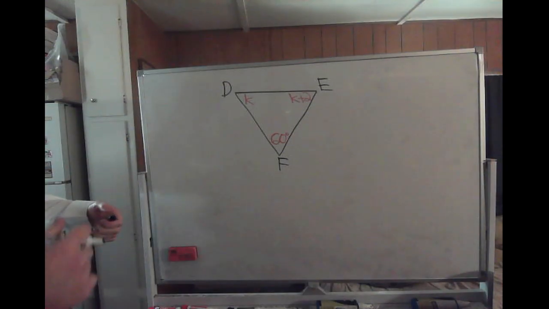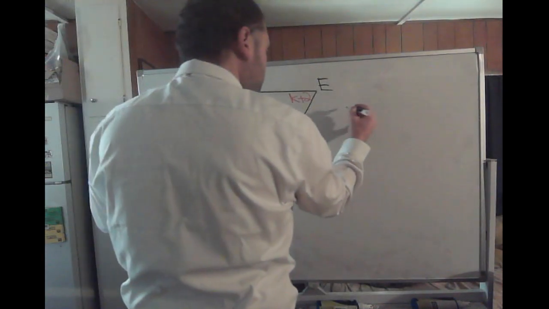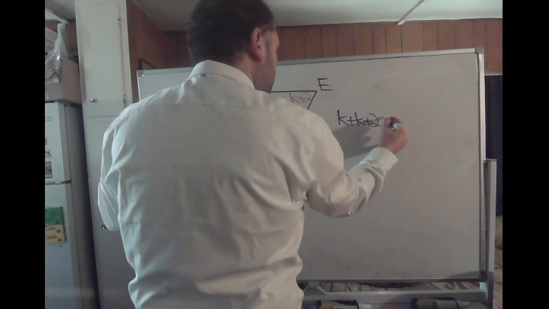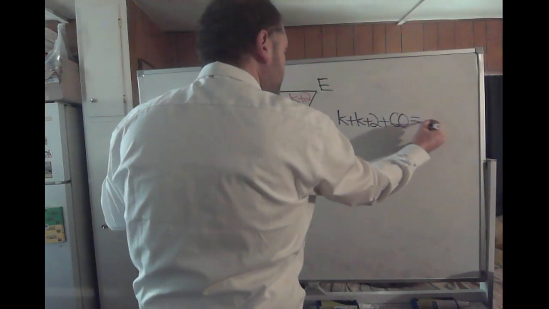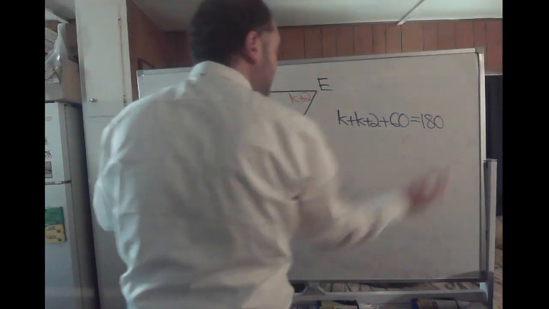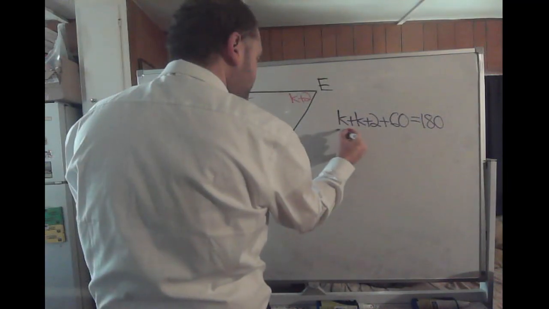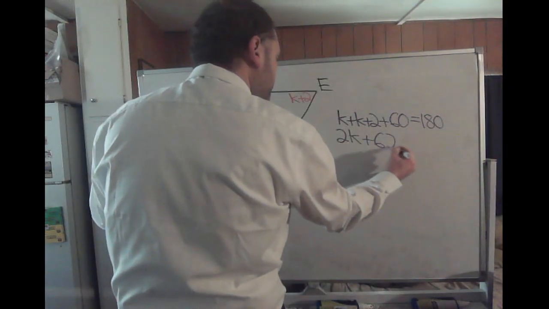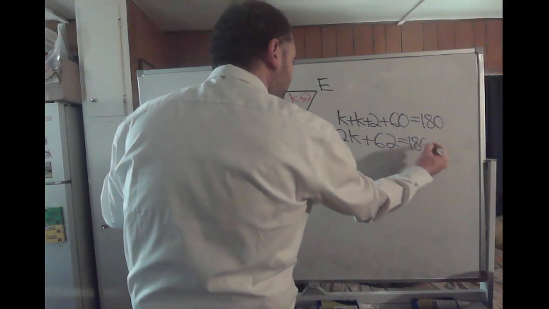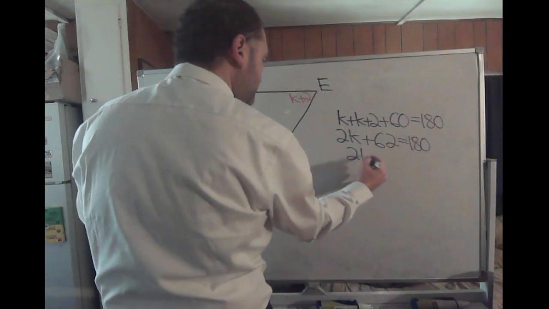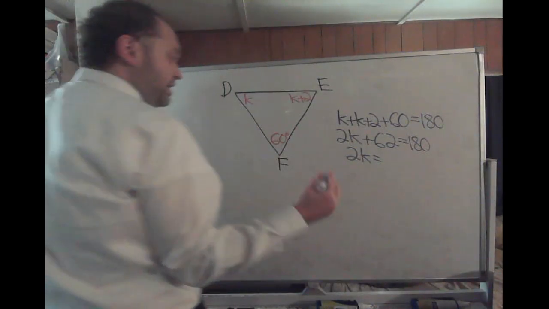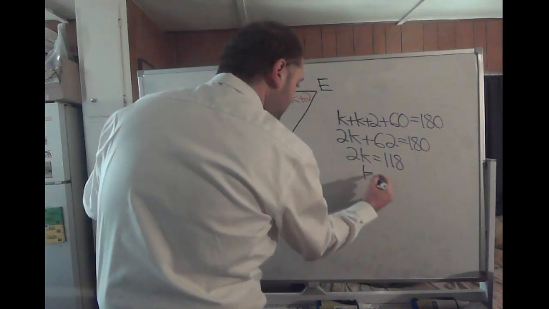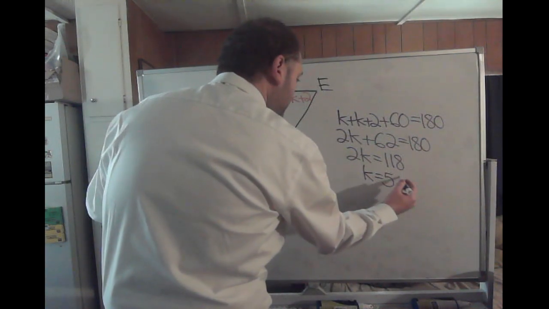So all we need to do now is take K plus K plus 2 plus 60, set all that equal to 180, and then we'll find the value for K, which would give us 2K plus 62 equals 180, which would then give us that 2K equals 118, which would mean that K equals 59.